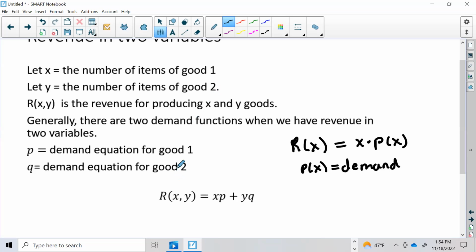And then we are going to add those 2 together because our revenue is based on the revenue for both of those goods to get the revenue of x y. So the revenue for x y is the formula of x times p plus y times q. Okay? And so the main thing is just make sure you're multiplying the number of items for the same types of goods. So good 1 should go with the demand equation for good 1, and for good 2, the number of items should go with the demand equation for good 2.